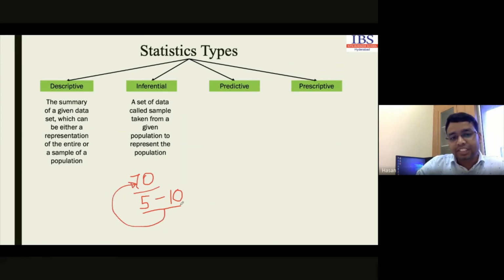This is drawing inferences based on the sample. This is our population, and this is our sample. Drawing inference about the population based on sample characteristics is inferential statistics. Is that clear?